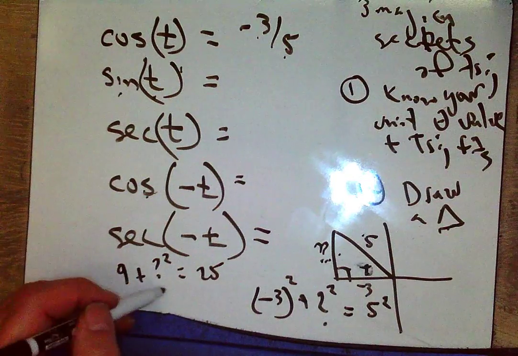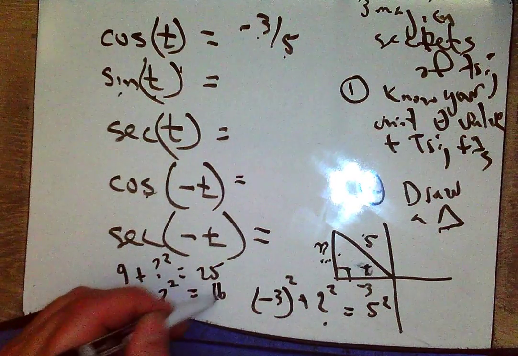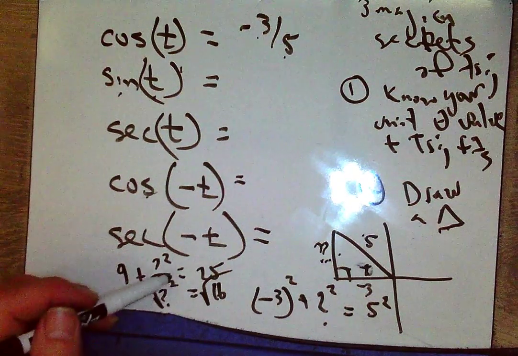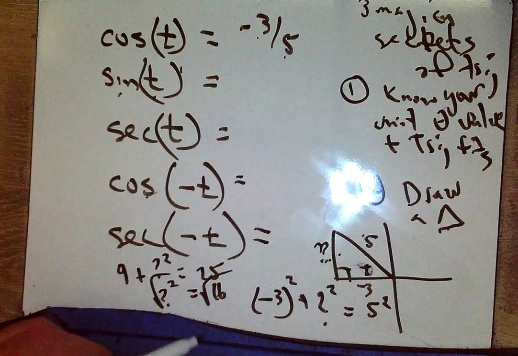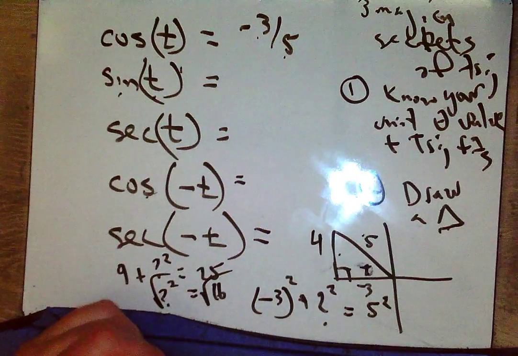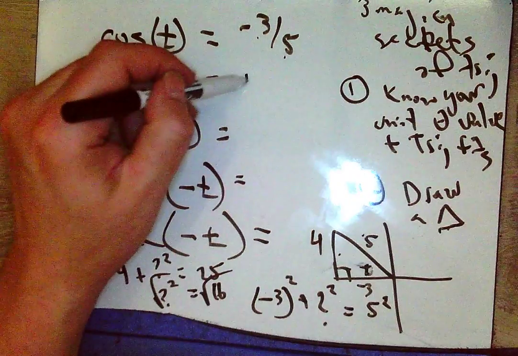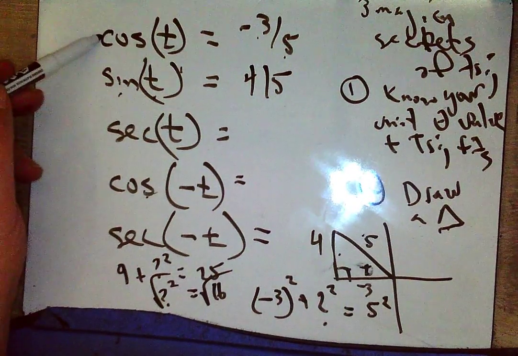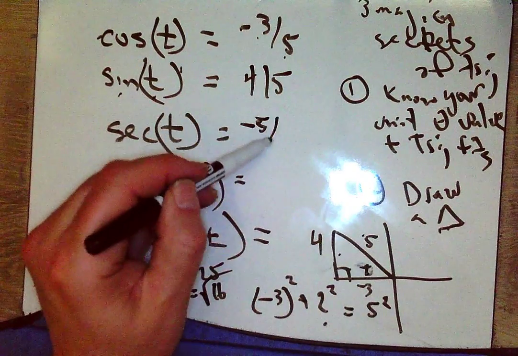If I subtract 9 from both sides, I get 16. I take the square root, and I get the question mark is 4. Okay, so 4. So the sine is 4/5. Secant is just the reciprocal of cosine, negative 5/3.